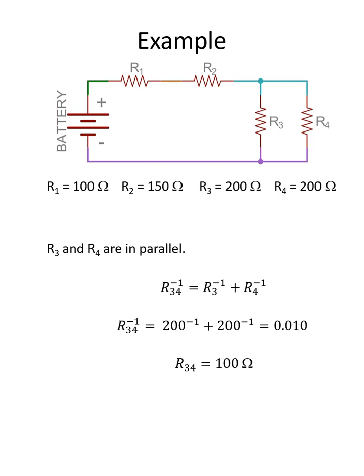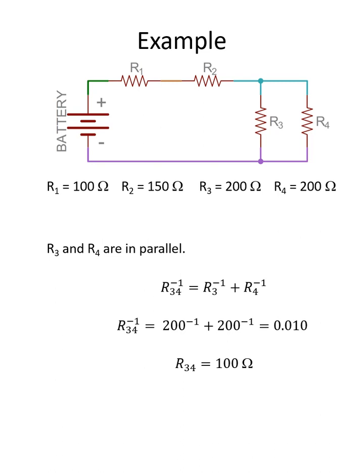I usually start as far away from the battery as possible. Not always, but I'm going to identify the series and the parallel combinations. Remember when you do this, that components are in parallel only if they're connected directly together at each end.